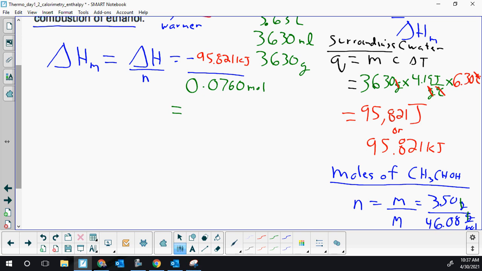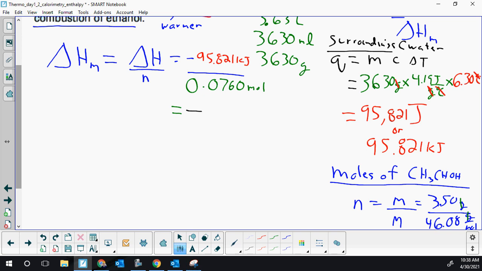Again, you would want to keep all the digits in your calculator for both the red number and the green number. And then at the very end, I'm going to round to 3 sig figs because that was the limiting significant figures in both pieces of data. So I'm after that division. Write that minus down first.